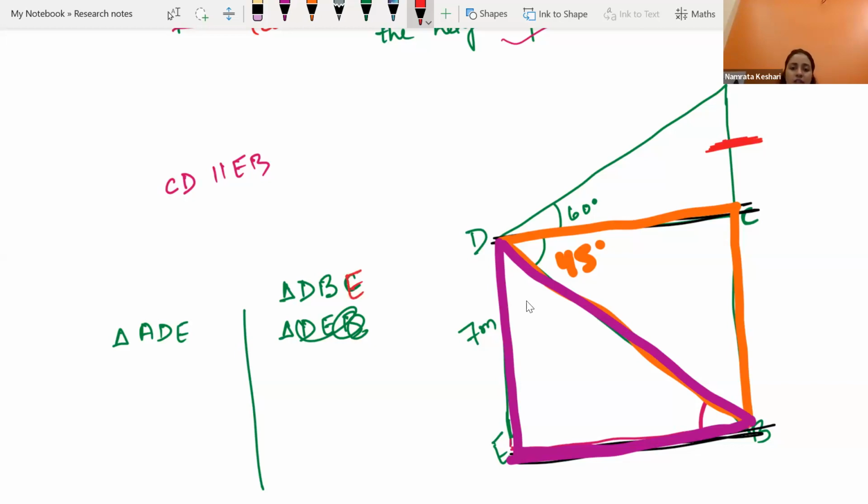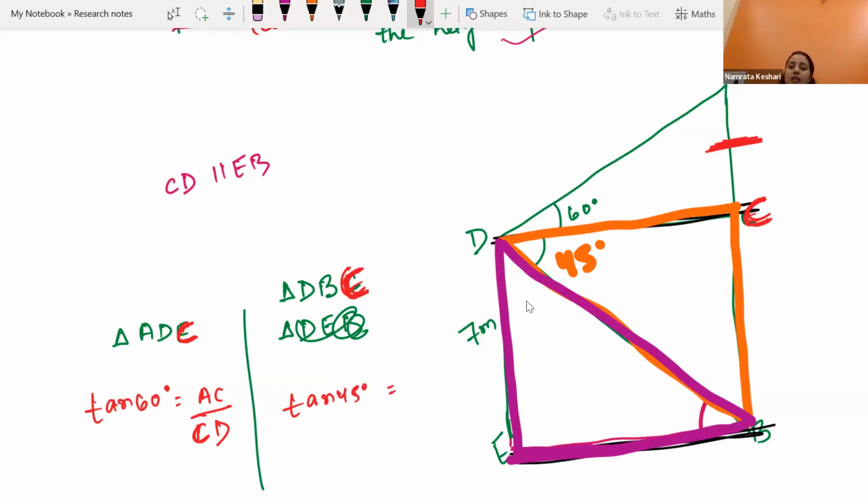That is C or E? C. Then I must name it ABC. So again tan 60 is equal to opposite, this is C, don't get confused, AC, over adjacent, which is CD. Here tan 45.